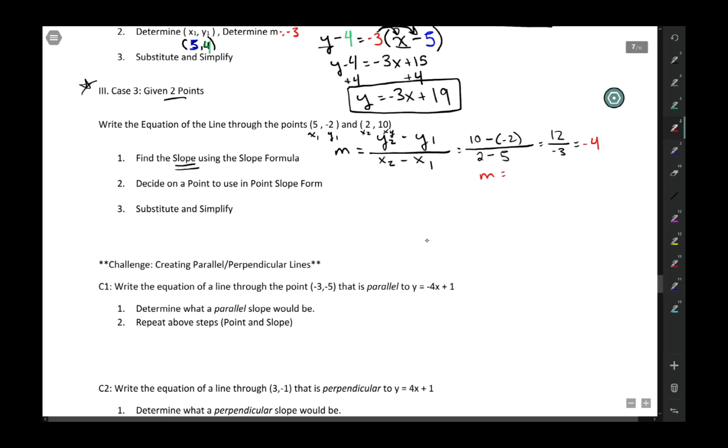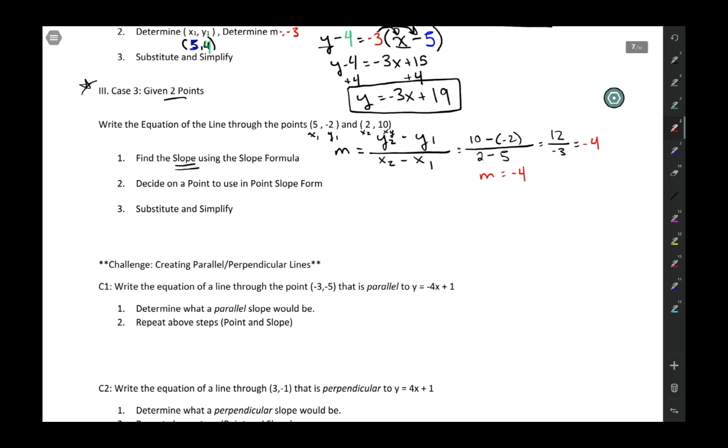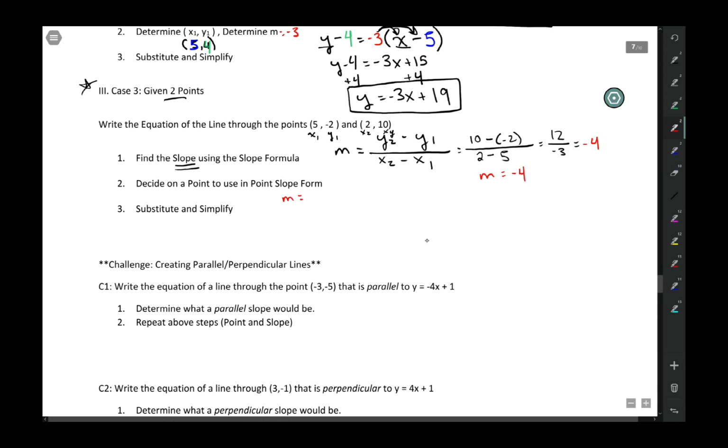Now, once you find the slope, it's just the same as the previous. So we need the slope, and we need to decide on a point. You can choose either one, but for simplicity's sake, I will choose the point x1, y1, or 5, -2.